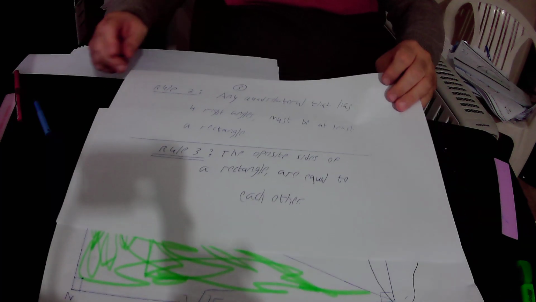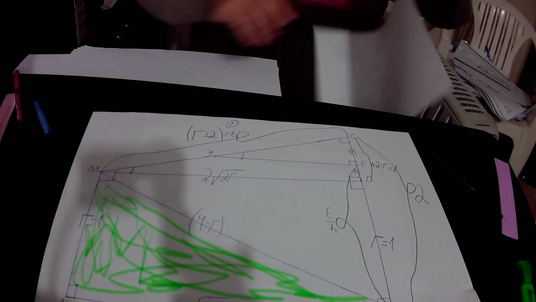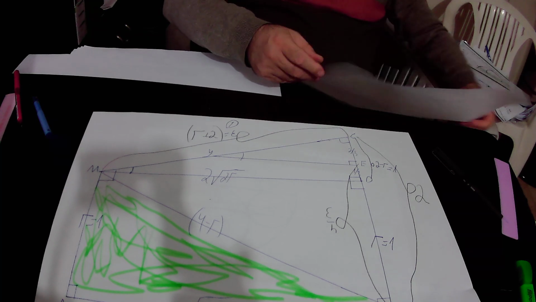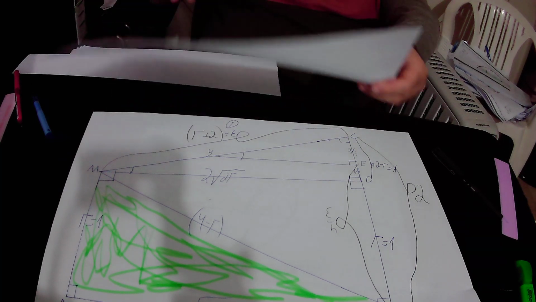And we have also rule number 3 that states that the opposite sides of a rectangle are equal to each other.